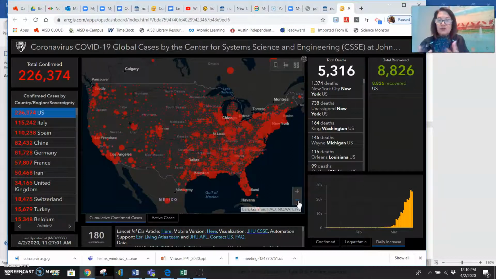This map doesn't show you the percentage, but I'll go back and show you where to get that. But we have 226,374 known cases. So for right now, you could put that on your paper for answering that question. And then I'm going to go back and readjust that.